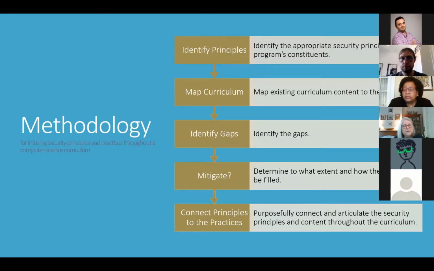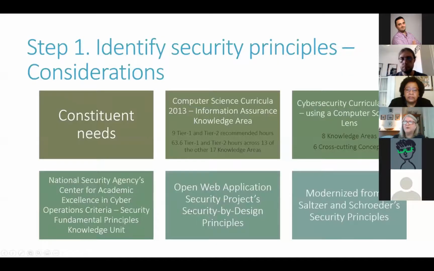Next step would be to identify where we might have some gaps. Fourth step is to figure out whether or not you want to fill those gaps and to what extent or how you might fill those. And then the last and most important step is to connect those principles and practices to the practices throughout the entire curriculum. So I'm going to now go through some examples that show you how to do these various steps.